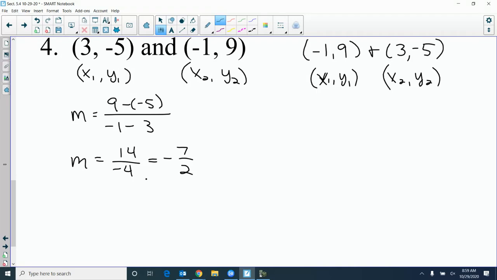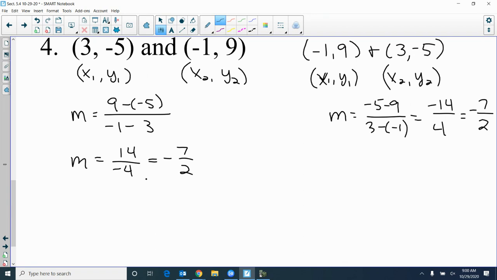So if I order these x1, y1, and x2, y2, and I do this order, and I do -5 minus 9 over 3 minus -1, then -5 minus 9 is -14, and 3 minus -1 is 4. If I reduce it, I still get -7/2. But if you notice, the first time I had 14 on top and -4 on the bottom, and the second time I had -14 on top and 4 on the bottom. It's still negative. So that's just showing you it really doesn't matter which order you go in.